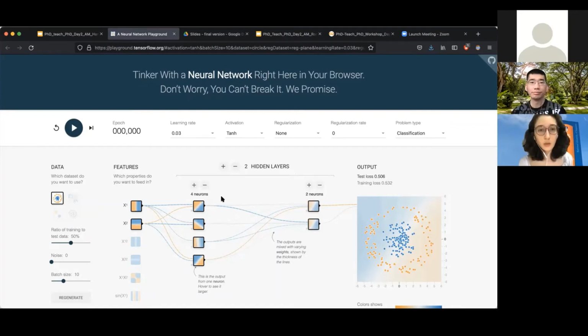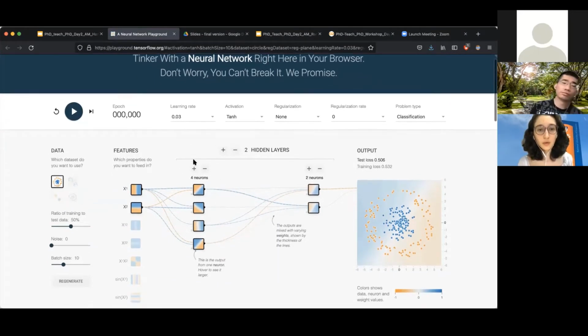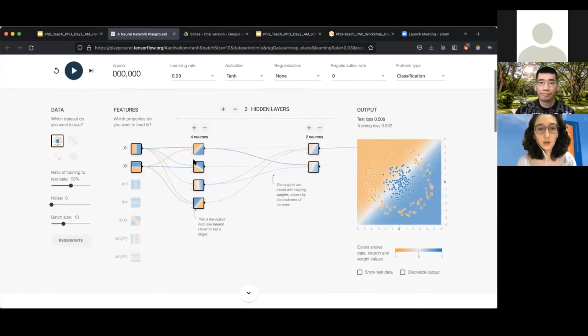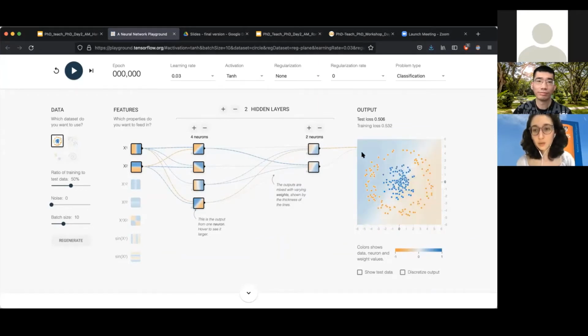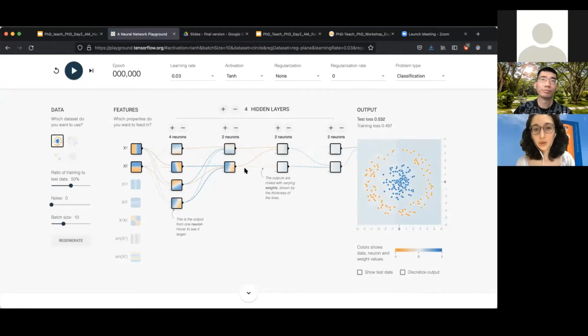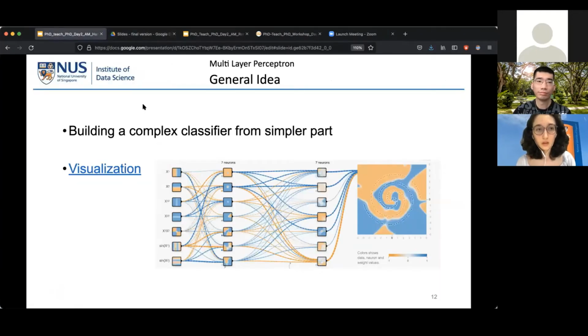So here are some links to some very good websites where you can visualize how things work when you combine different artificial neurons together, what the output will be, what happens when you increase the number of artificial neurons you combine together, etc. So I put some links here you can play with, okay?